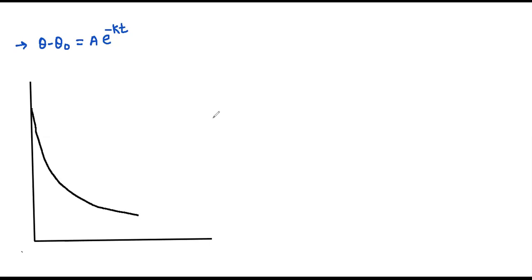So on this y-axis, what I am taking is the temperature, that is theta, and at which it will start becoming constant, that is horizontal to this x-axis, that is your surrounding temperature, because below this it is not cooling very fast.